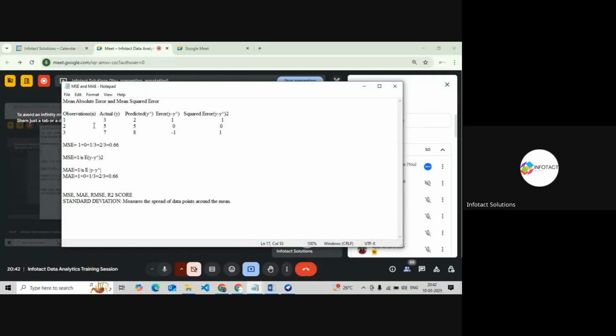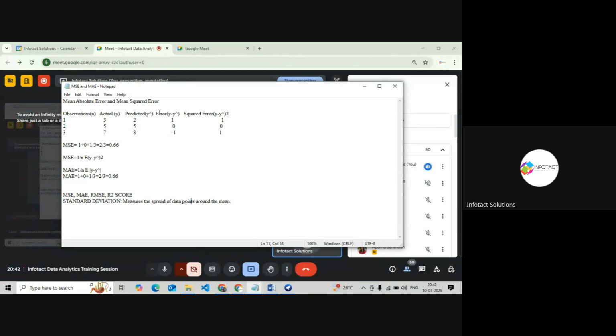Suppose you have three observations, 1, 2, 3. The actual values are 3, 5, 7, and the predicted values you have found are 2, 5, and 8. What is the error? Error means the difference between the actual and predicted, y minus y dash. That is 3 minus 2 is 1 in observation 1. In observation 2, 5 minus 5 is 0. And in 3, 7 minus 8 is equal to minus 1.